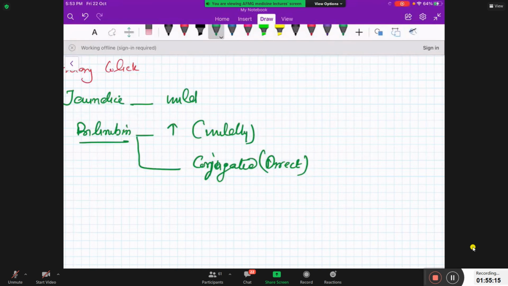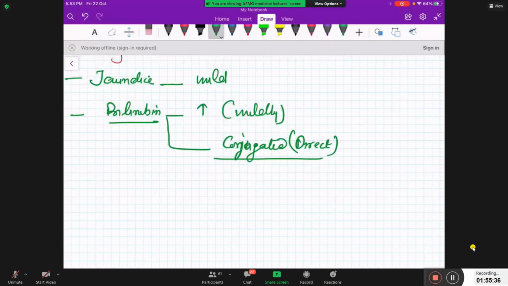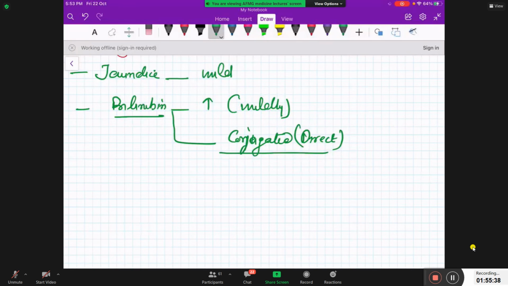There are three types of jaundice: pre-hepatic, hepatic, and post-hepatic. In pre-hepatic, which jaundice increases? In hepatic, and hepatic and post-hepatic, conjugated jaundice is raised. So how will I know that the patient has a conjugated jaundice, conjugated bilirubin raised?